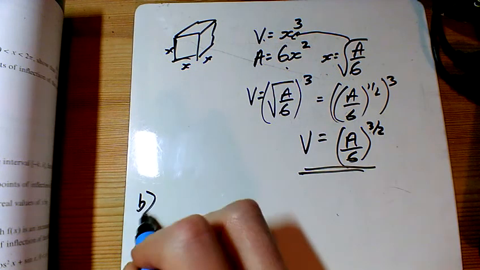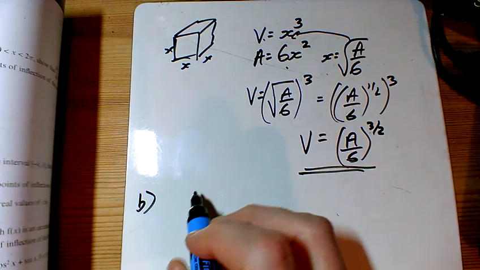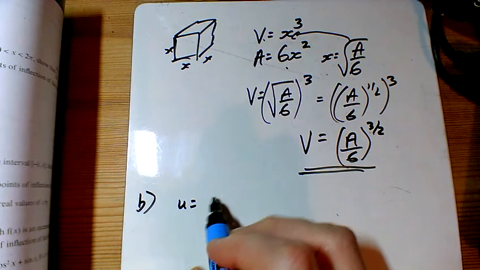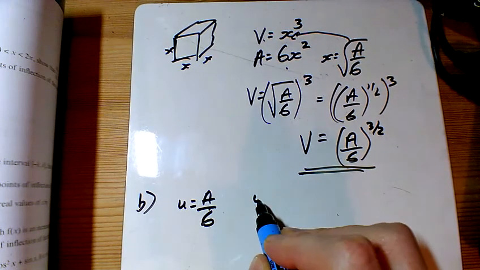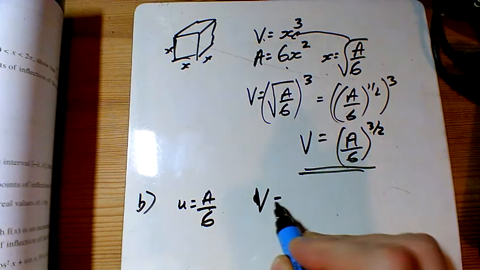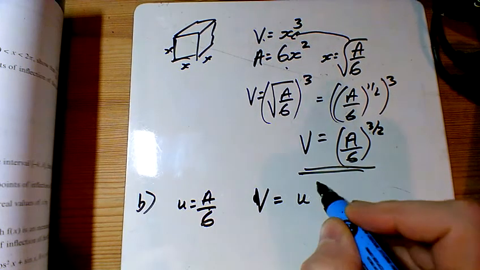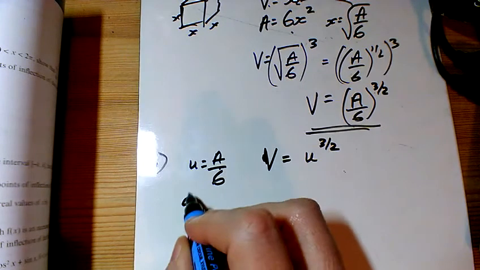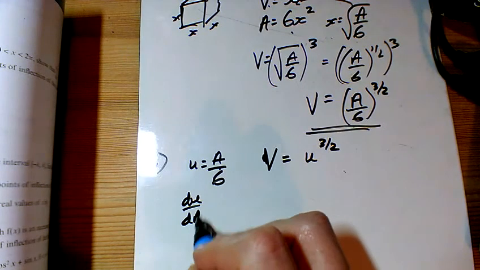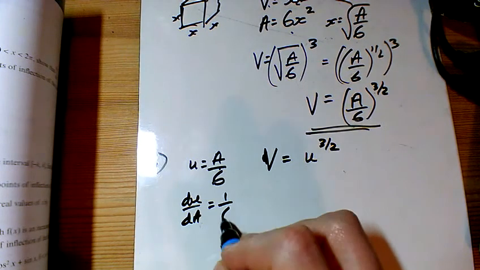For part B, I need to differentiate this. I think I'll take it slowly. I'm going to do a substitution of u equals a over 6. It's funny using a v even in the substitution. So we've got u to the power of 3 over 2. This isn't a product rule. So if I differentiate this, I just get 1/6.